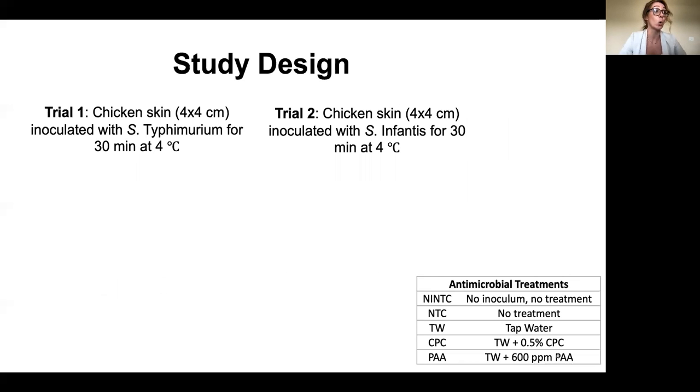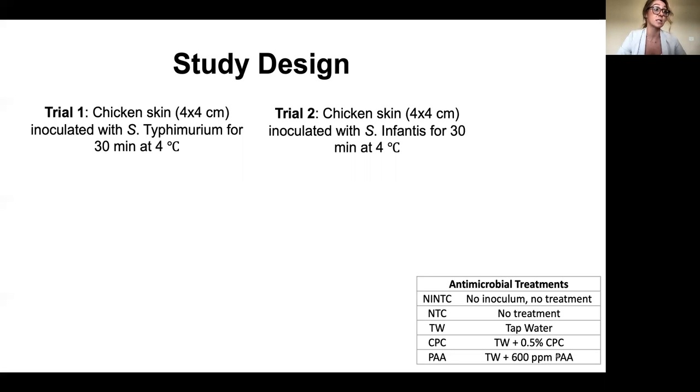A total of 10 whole fresh chickens were obtained from the commercial pilot processing plant, and the skins of the breast were removed aseptically and cut into 4 by 4 centimeter squares. Five of those squares were then randomly assigned to 5 different treatments, which are described here in the lower right corner. A frozen stock of Salmonella typhimurium and infantis were selected to be resistant to 64 micrograms per milliliter of nalidixic acid.